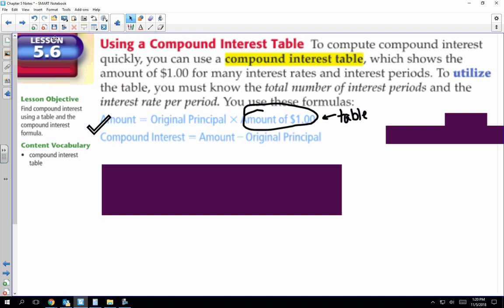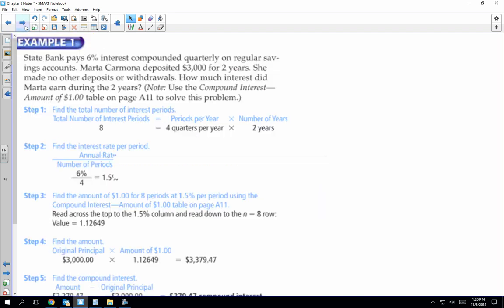All right, let's see how this works in our example. All right, we got the state bank pays 6% interest, compounded quarterly, so that's 4 times a year, on regular savings account. Marta Kimona deposited $3,000 for 2 years.